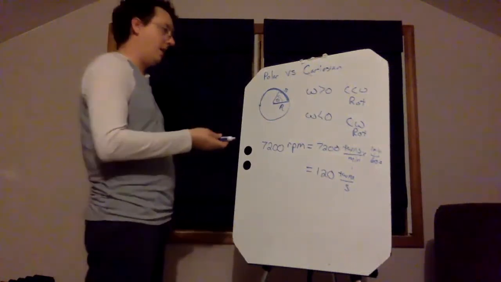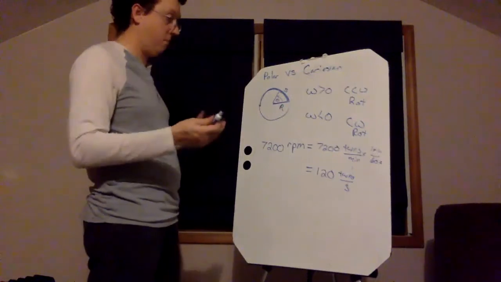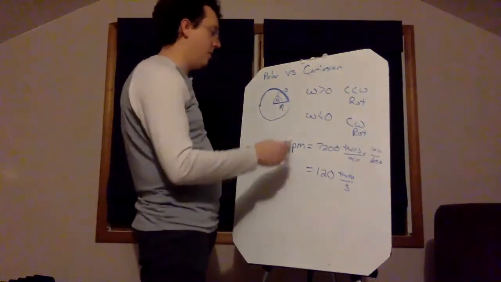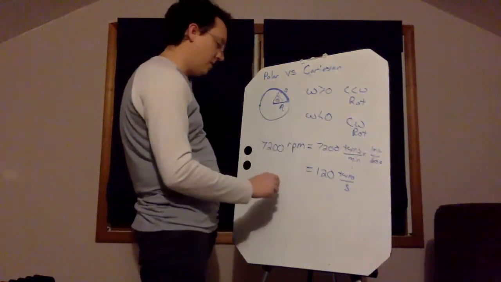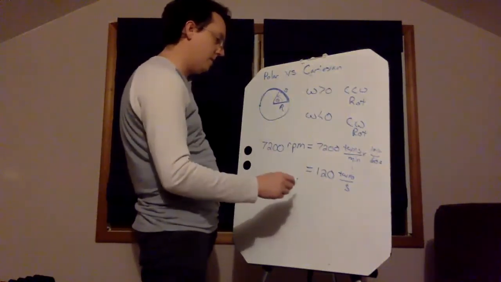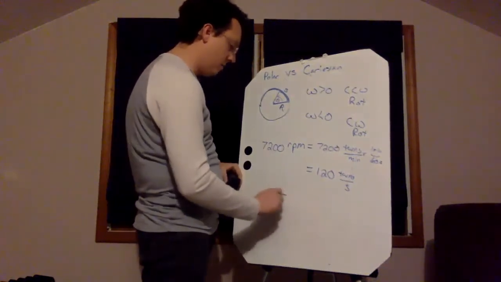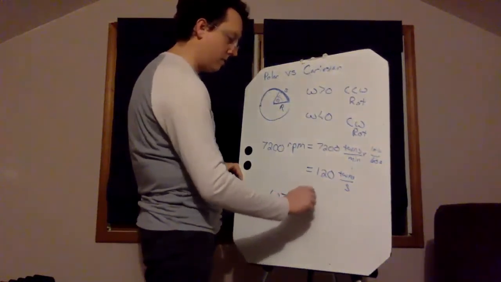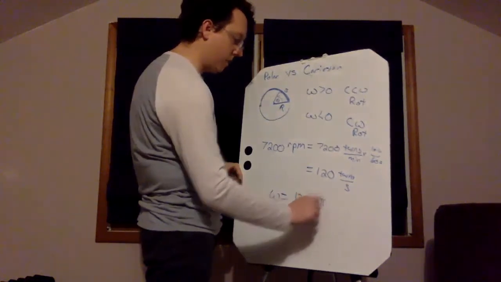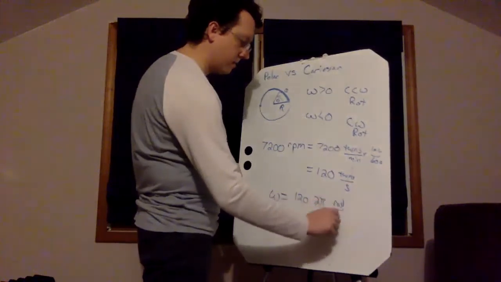However, since I know that each turn corresponds to a change in angle of 2 pi radians, I can then deduce that omega must equal 120 times 2 pi, and it would have units of radians per second.